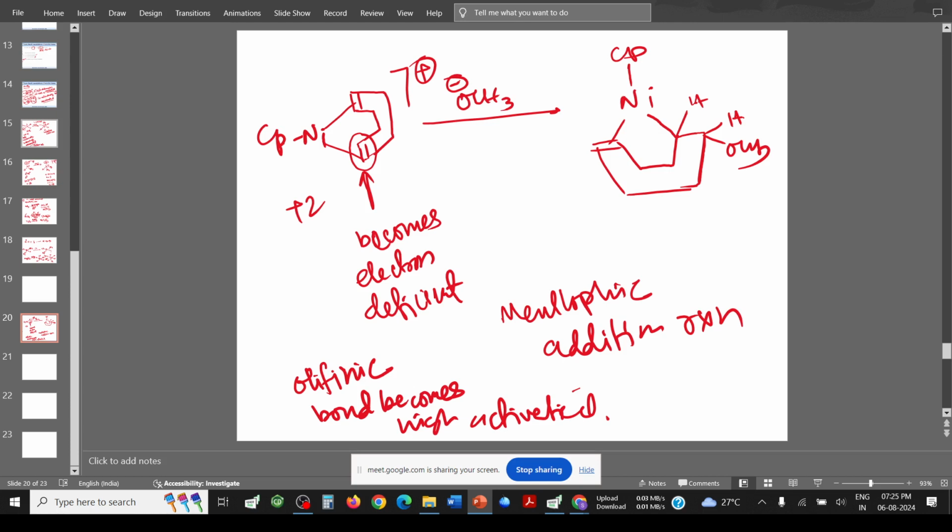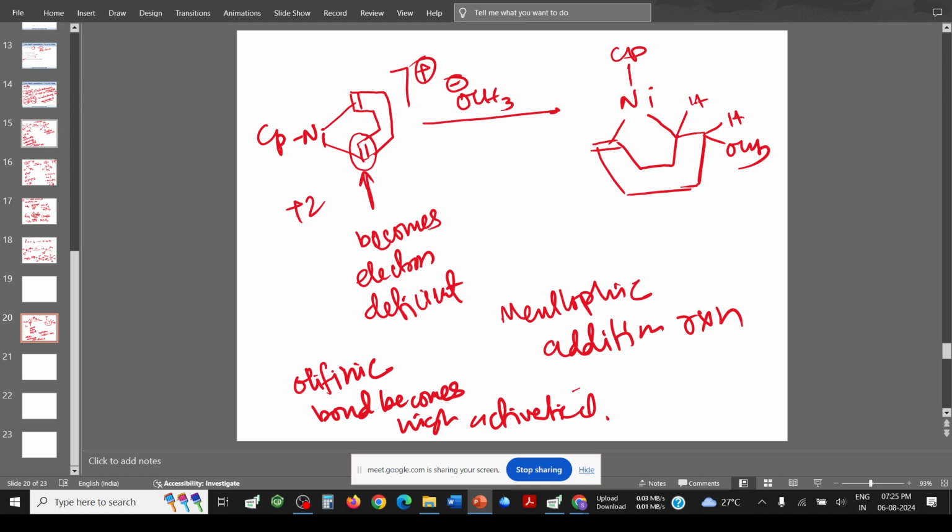So here it is very interesting to note that olefins are generally electron rich species, but when the olefin is bound to the metal, the electron density is contributed to form the coordinate bond with the metal center.